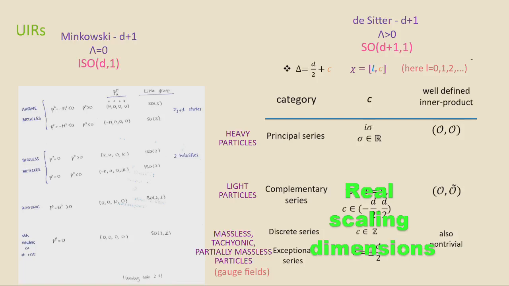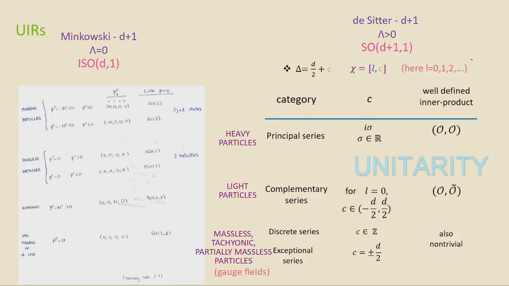In the cases of real scaling dimension, the category of the representations breaks further into categories. And here, all of these are unitary representations. There are some limits on the range of the labels, and this list is for bosons, in fact for spin 0. But what happens is unitarity comes with a well-defined inner product.